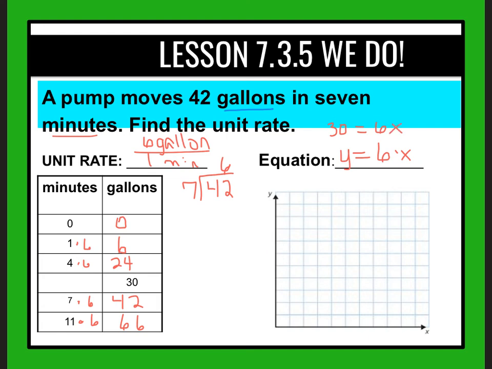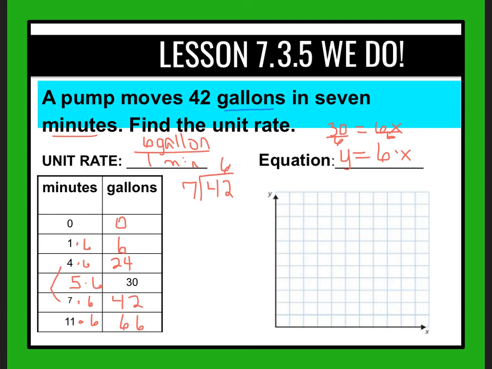So I can use my equation to help me solve for this. I know my answer has to be between 4 and 7. So I can check 5 times 6 or 6 times 6 has to give me 30 gallons. When I take 30 and divide it by 6, that's going to give me 5 minutes, because 5 times 6 equals 30 gallons.